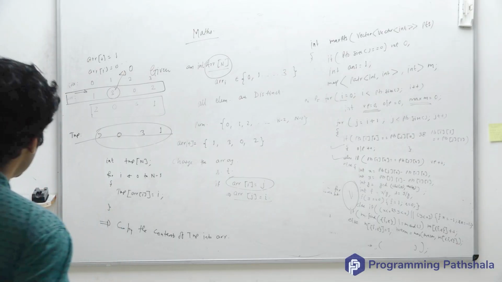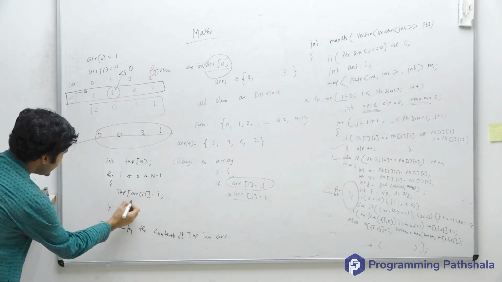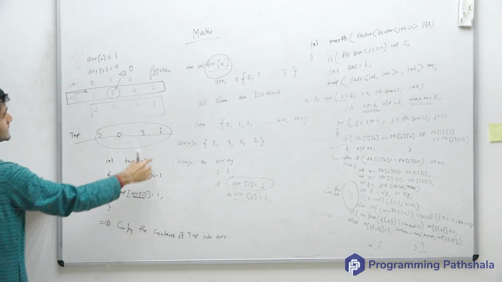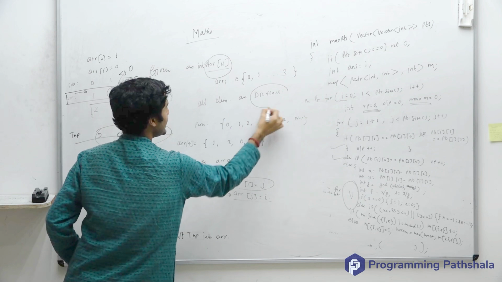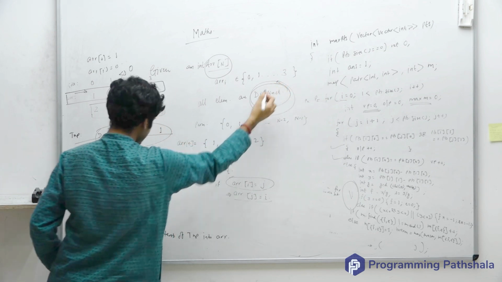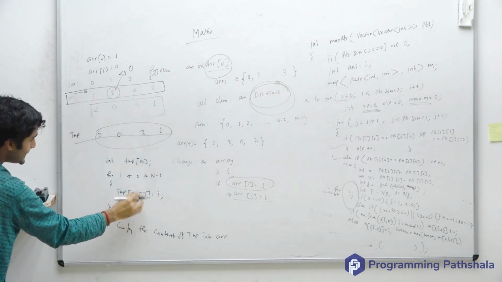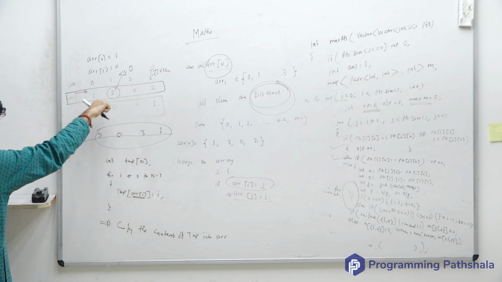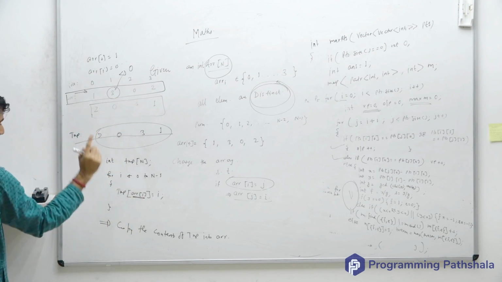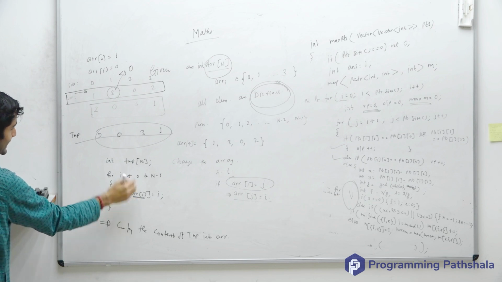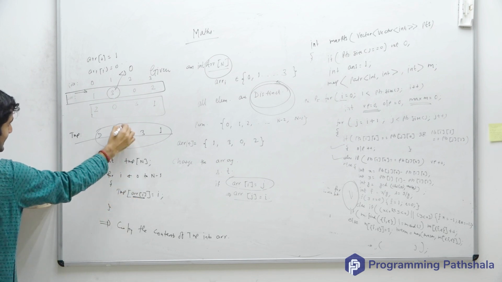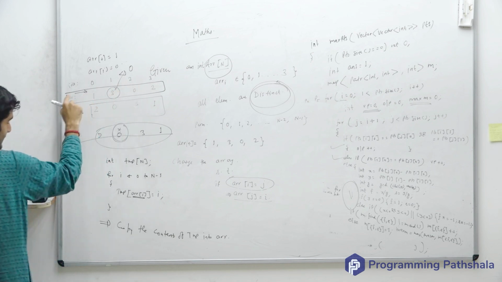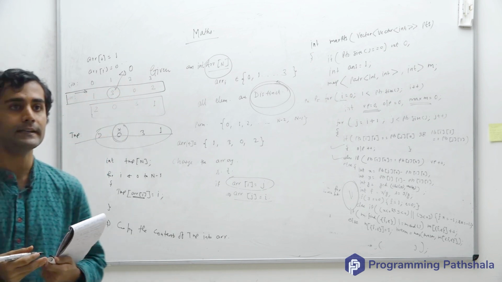Because you are doing temp of array of i equals i, and since I have told you that this array contains all distinct elements, all the values of array of i will be different. So a particular index will be touched only one time. It will never happen that a particular index of temp is touched multiple times, because the values at different indices in the original array are different.